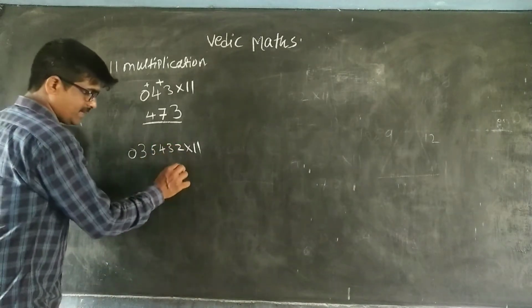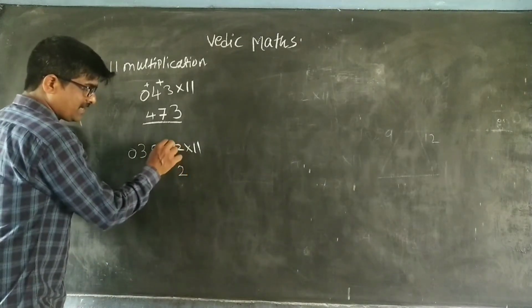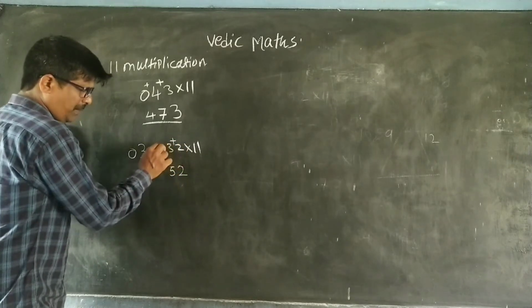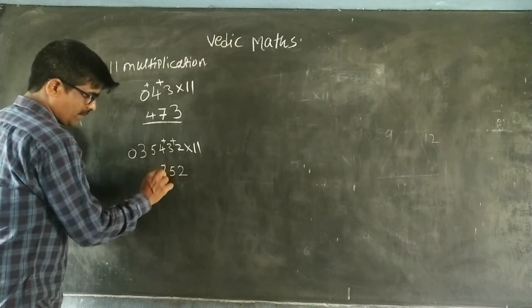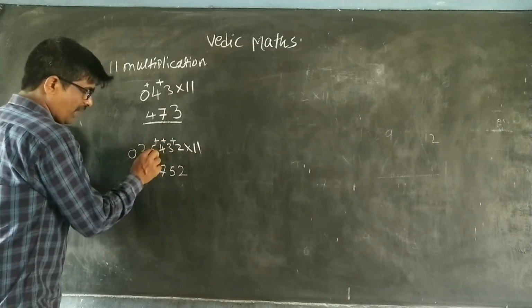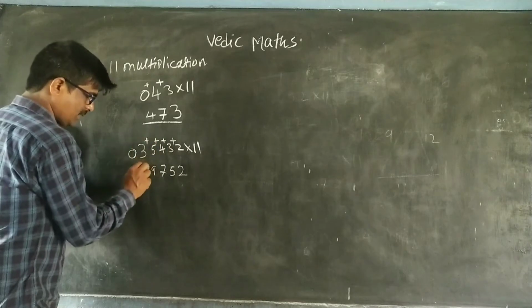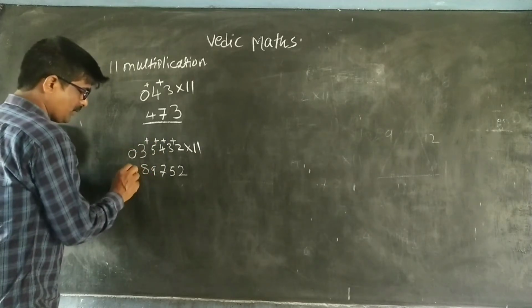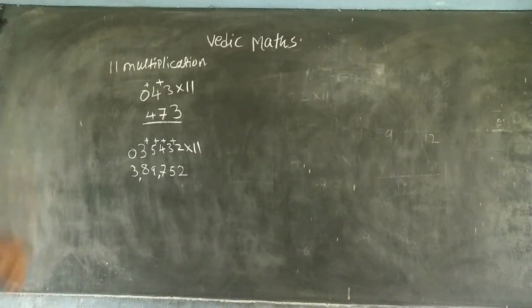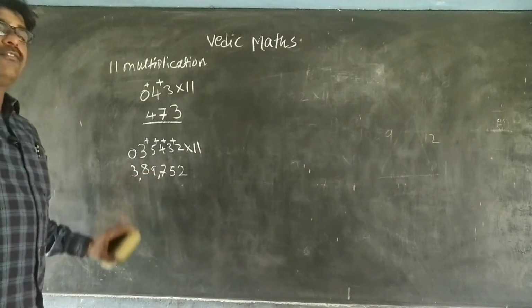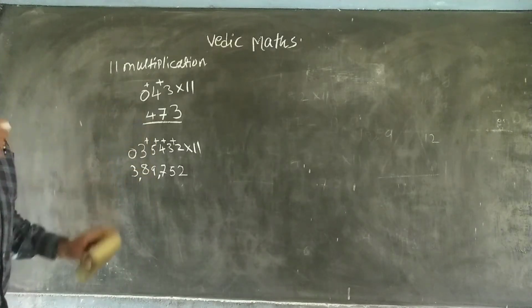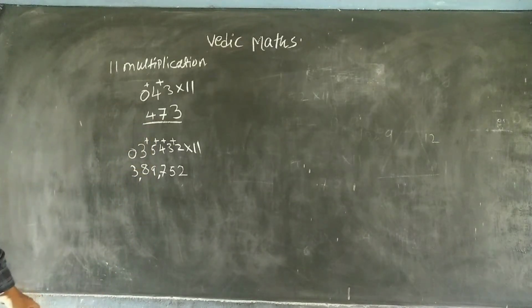First, 2 as it is you have to write. 2 plus 3 is 5. 3 plus 4 is 7. 4 plus 5 is 9. 5 plus 3 is 8. 3 plus 0 is 3. So 3,89,752. It is a very easy method. Within fractions of a second, you will complete it.